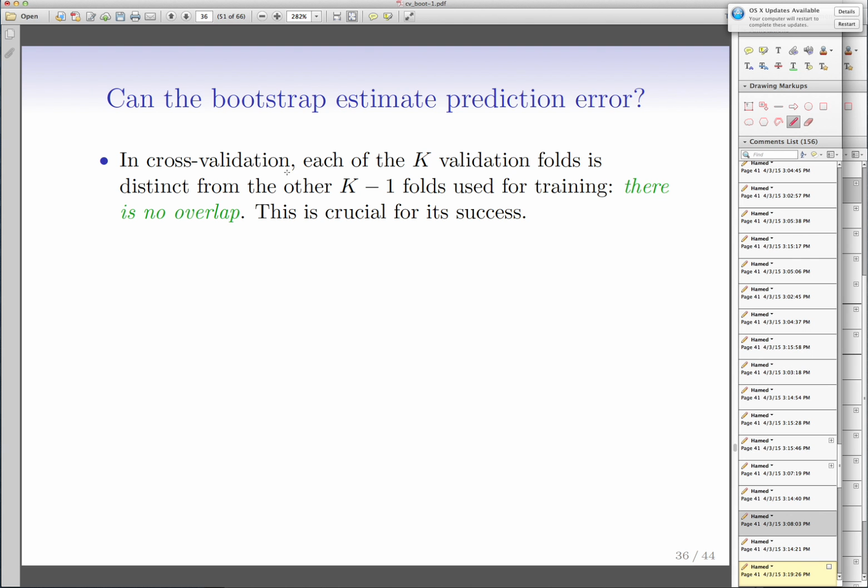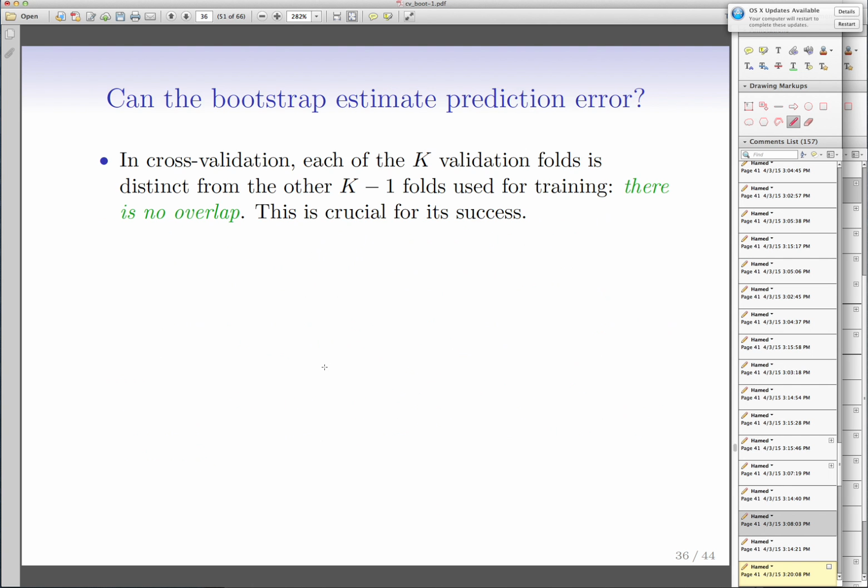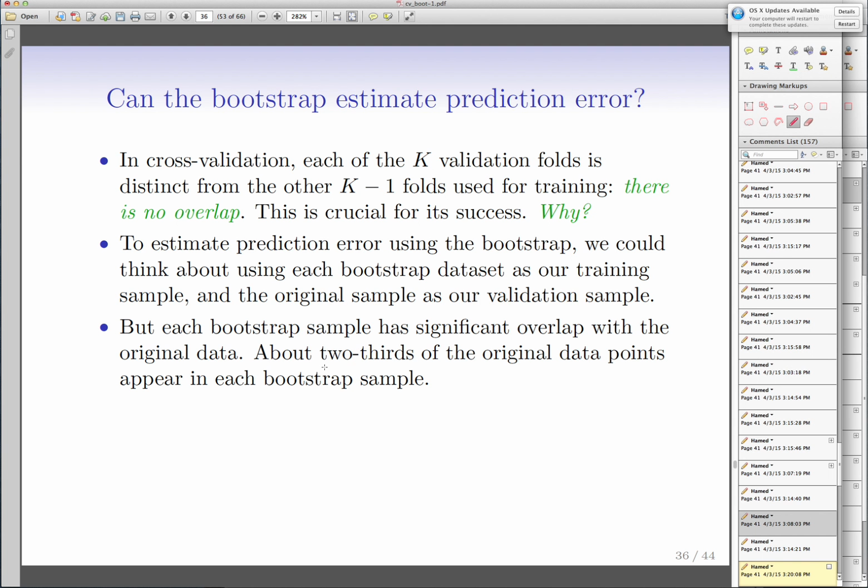So unfortunately, we cannot use Bootstrap to estimate prediction error. At the same time, we cannot use cross-validation to estimate the standard error of our parameters. So remember, do not try to use Bootstrap where you have to use cross-validation, and do not use cross-validation when you have to use Bootstrap.